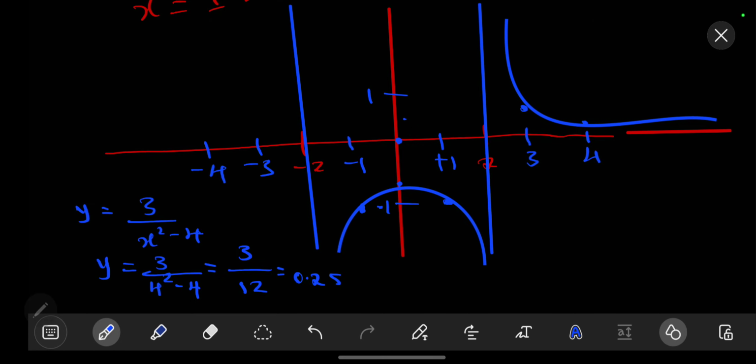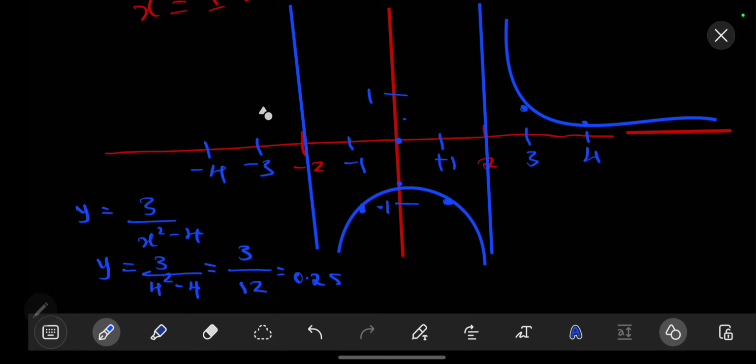Last but not least, let's look at the behavior as we go to the left. Without wasting time, the behavior as you go to the left and right is the same because the equation is protected by the square. So even if I put negative 3, it will still be positive, meaning the result will be the same.